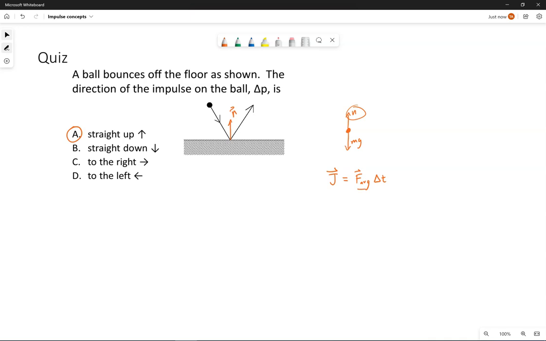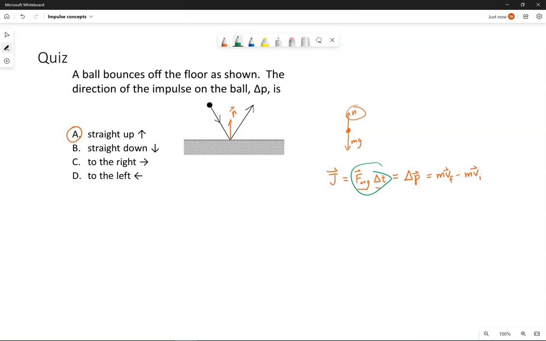So that average force times that small time frame in which they're in contact, but that is also equal to the change in momentum, meaning mv final minus mv initial. Personally, I think this particular question, it's easiest to just think, well, the force is pushing up, so the impulse has to be straight up.